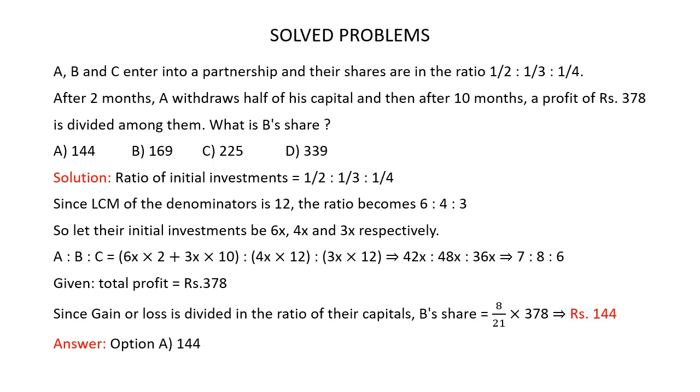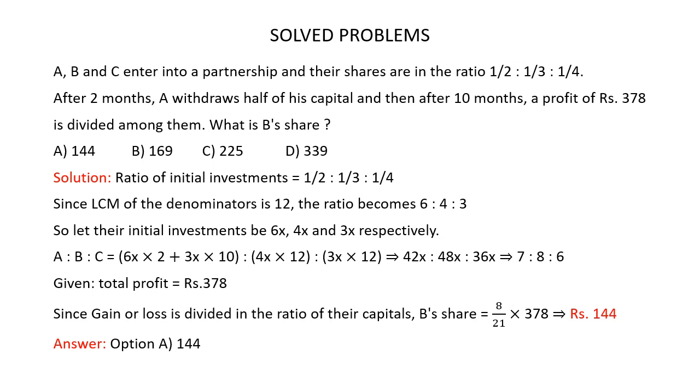This means he withdraws half of 6x, that is 3x, and the remaining 3x he invests for 10 months. We know that B's investment is 4x, which he invests for 12 months. Also C's investment is 3x, which he invests for 12 months.